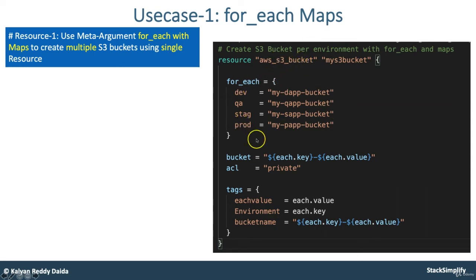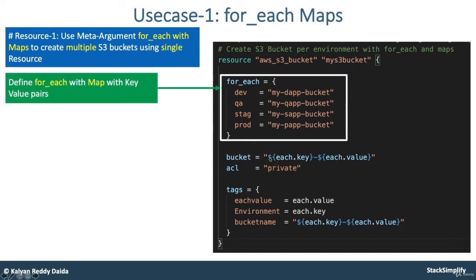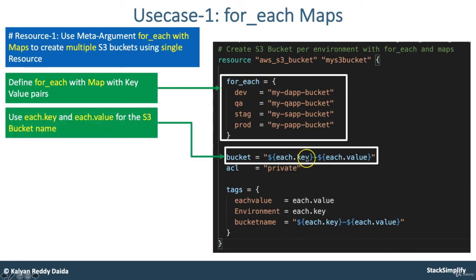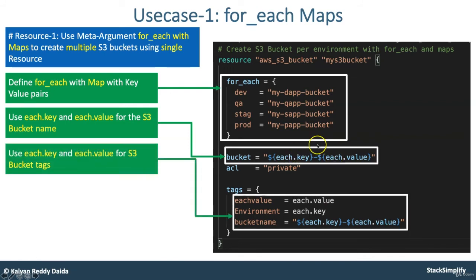For this S3 bucket, whenever you are creating, the bucket is each.key with each.value, which means your bucket name will be dev-my-dapp-bucket. So we have defined the for_each here and the bucket name is each.key hyphen each.value.